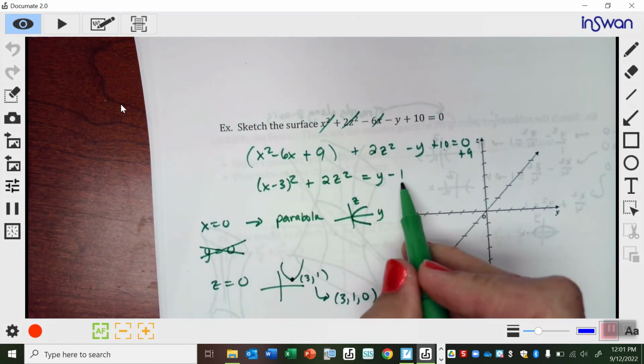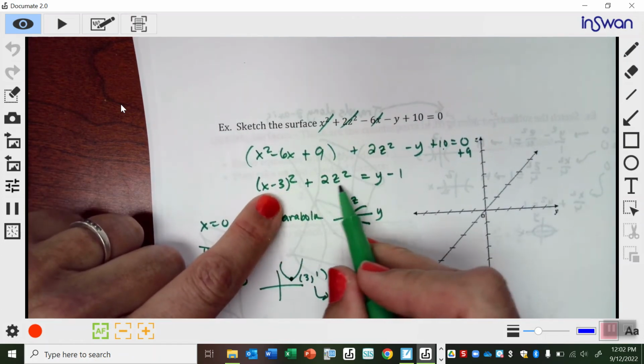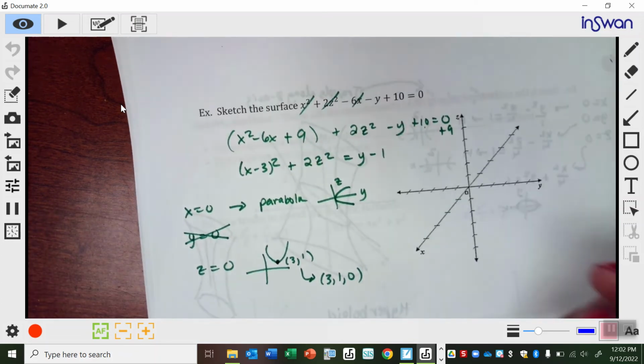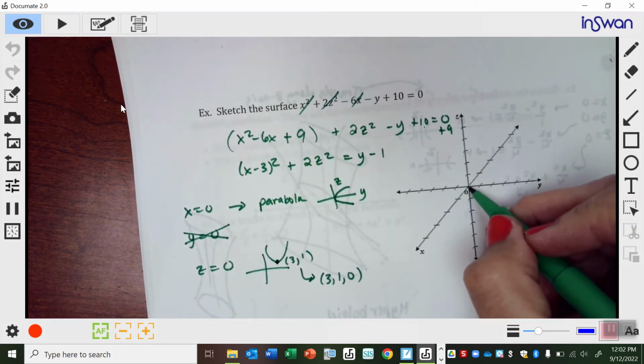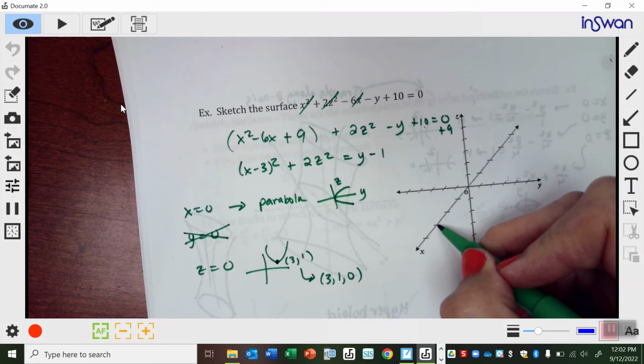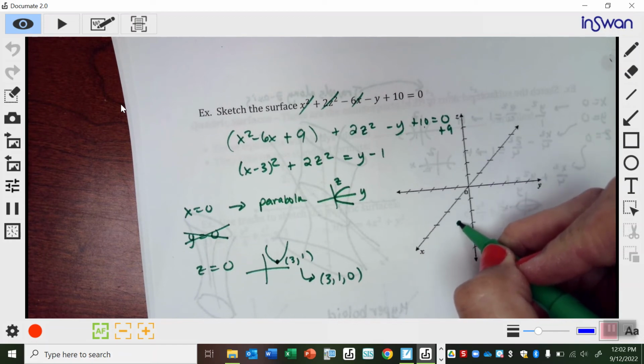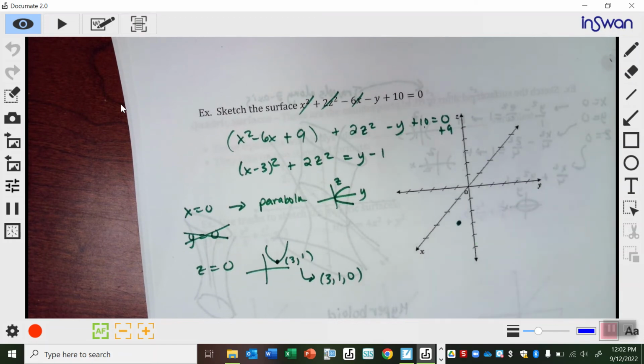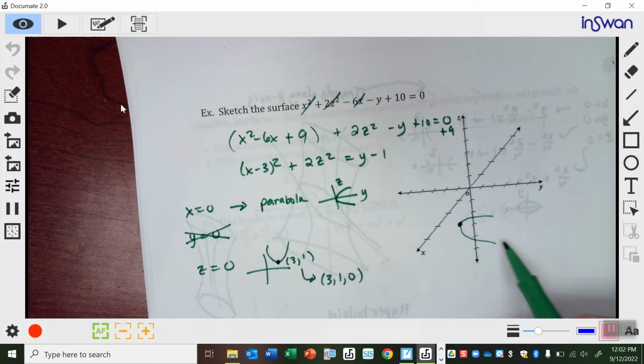because if x were 3 and y was 1, these would both be 0. I'd get 2z squared equals 0, so 0. So if I go to the point 3, 1, 0, so 1, 2, 3 over 1 and nothing right there. So what's going to happen here is I end up getting a parabola shape, right? This is like my parabola here, but it's kind of going up like this, right?